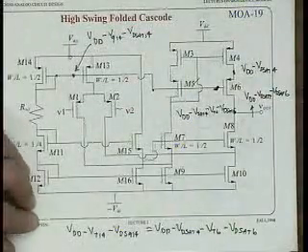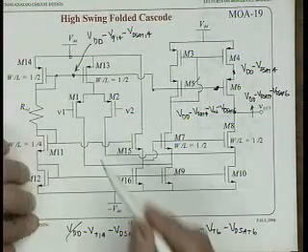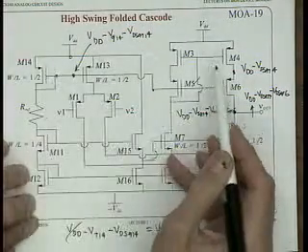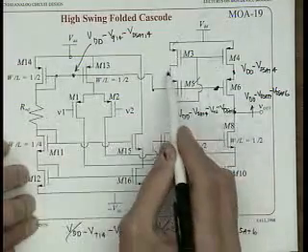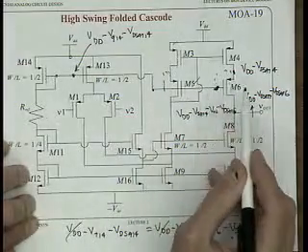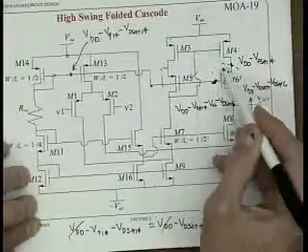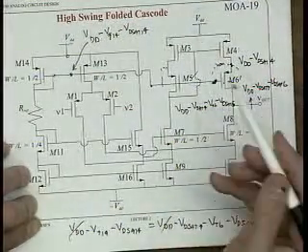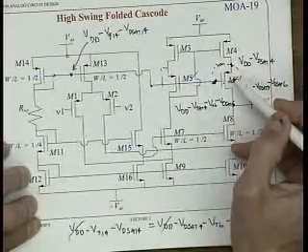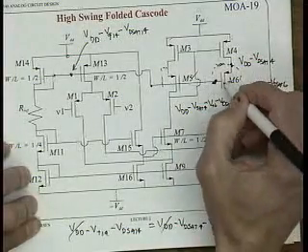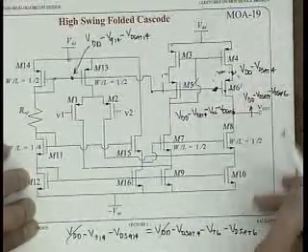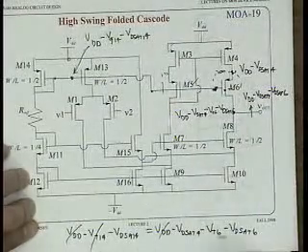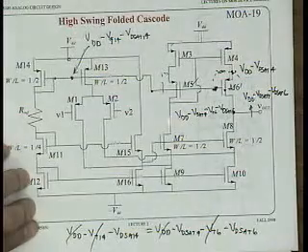Okay. VDDs cancel. These VTs we have to worry about a little bit, because this VT could be different from these VTs, so we may need to tie the substrates off on these things, right? Tie the wells. In the homework it said tying the wells to the sources, but that means just tying the substrate of this transistor to its source, so getting rid of the body effect. So that means VT14 would equal VT6 if we tied those wells off, okay?